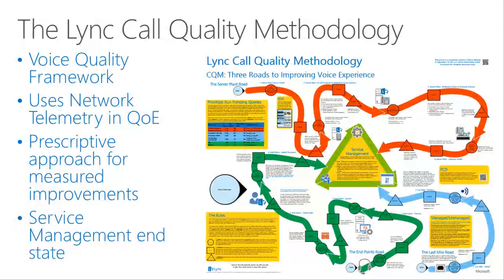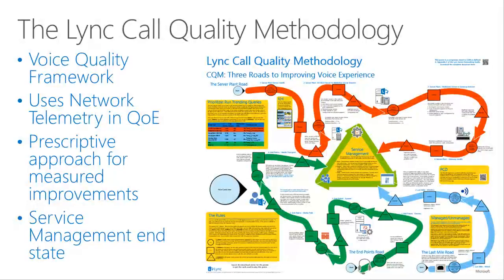This methodology includes some custom SQL queries that ship with the networking guide. You can go and download them today and run them. And included in there is an entire appendix talking about what CQM is and how to use it. Essentially, they break things up into different levels, starting with the server, making sure the server's healthy, then looking at the transport between you and the client, and then also looking at the client to see what could be those causes of poor quality.